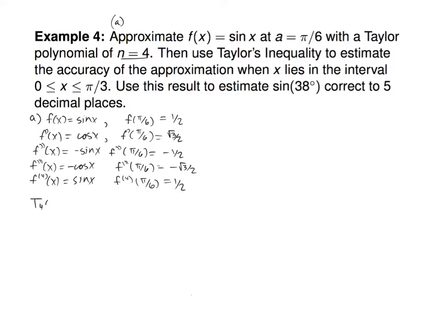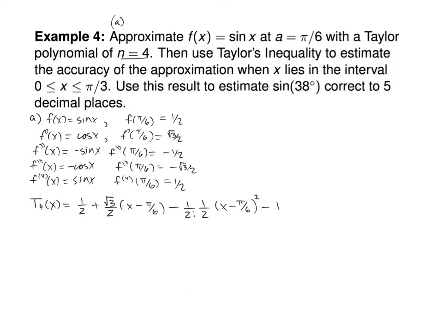Okay, so T4 of x. I'm just going to go ahead and start plugging in what stuff is. First we plug in f of pi/6, which is 1/2, plus √3/2 times (x minus pi/6). And then next comes a minus 1/2 factorial, and then another 1/2 times (x minus pi/6) to the second.